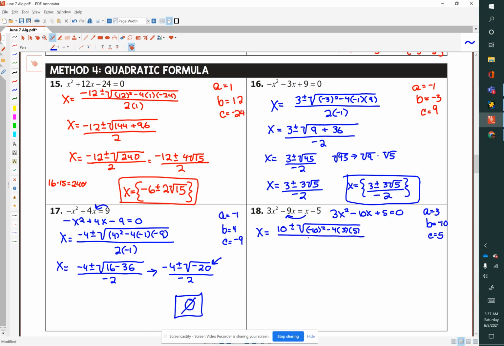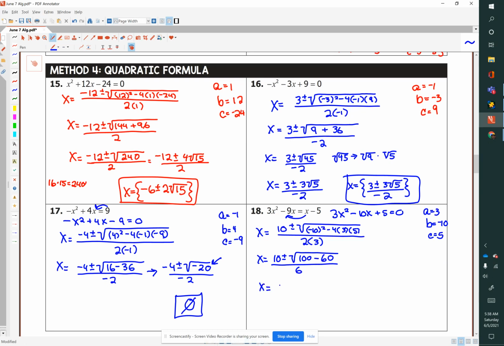And all of that over 2 times 3. And let's continue on. X equals 10 plus or minus. And then we will have 100, -10 times -10, minus 4 times 3 is 12, 12 times 5 is 60. And in our denominator, 2 times 3 is 6.